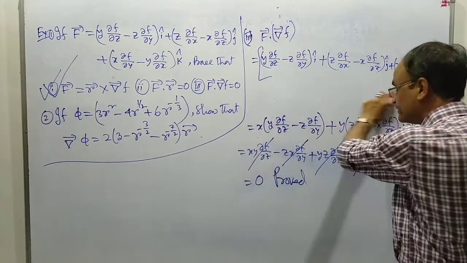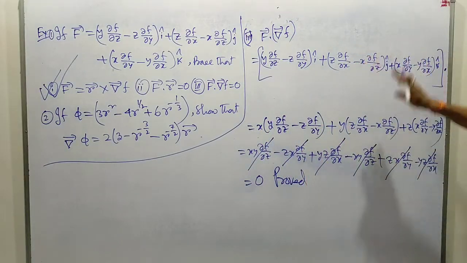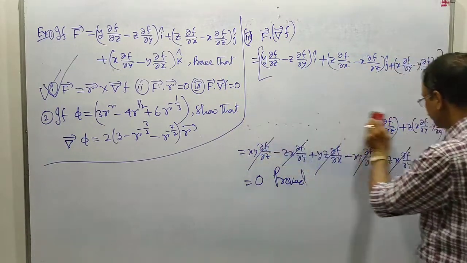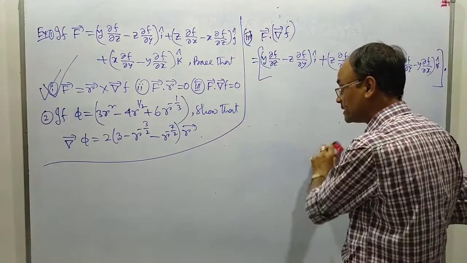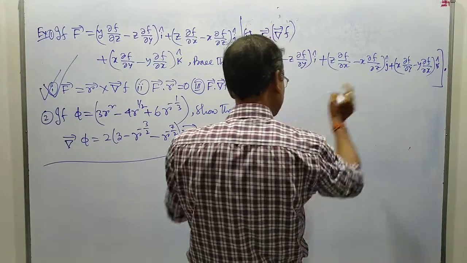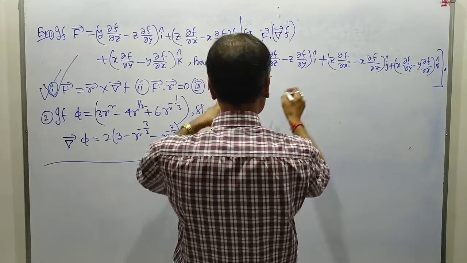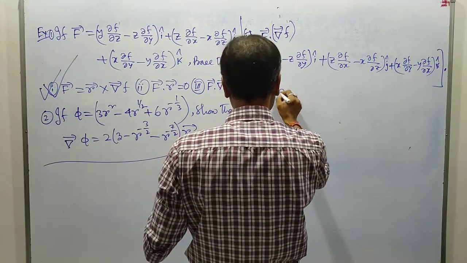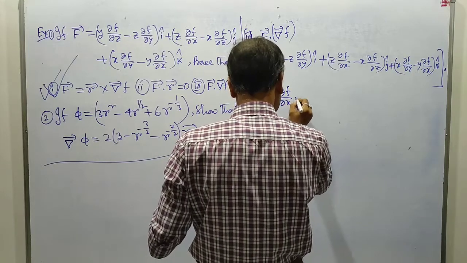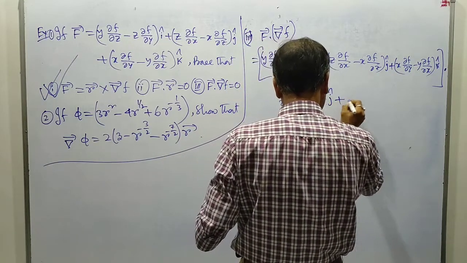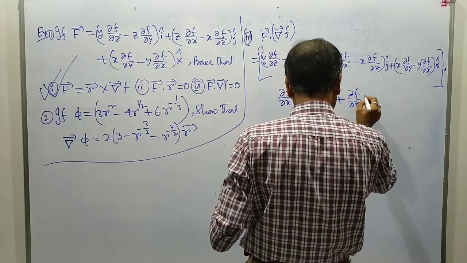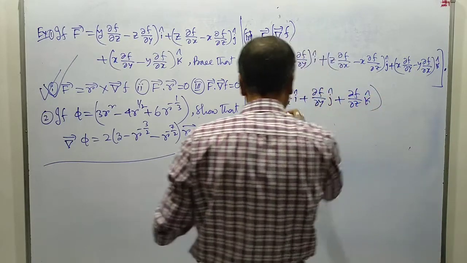This is number 3. Gradient of f: this F vector dot (∂f/∂x i cap plus ∂f/∂y j cap plus ∂f/∂z k cap). Dot product of this.